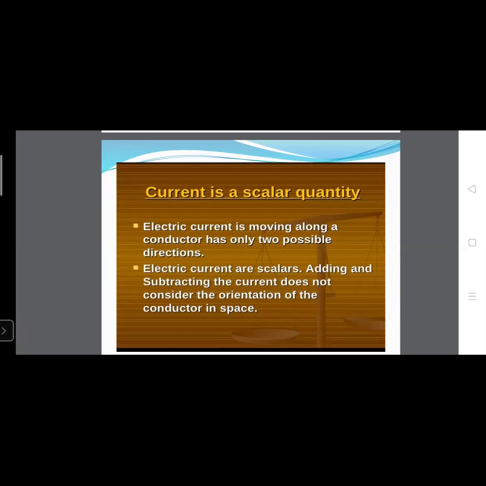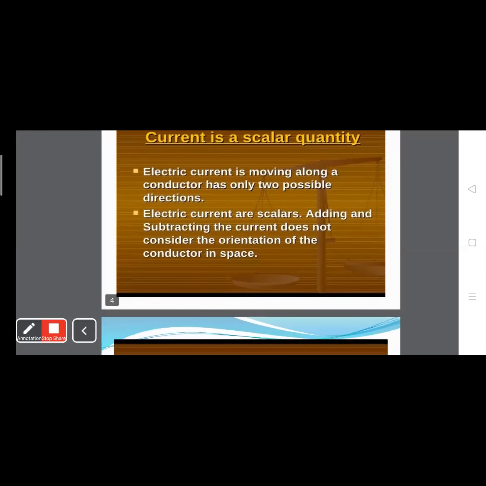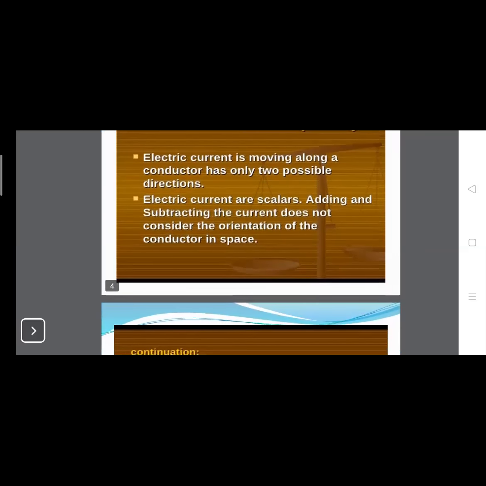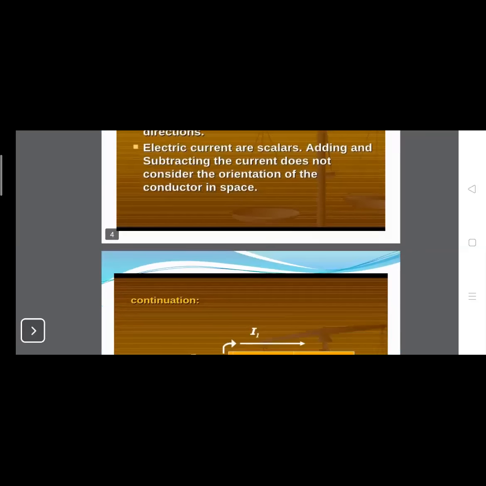Electric current is a scalar quantity because adding and subtracting currents does not consider the orientation of the conductor in space. Right? Addition of current does not follow the law of vector addition. So electric current is a scalar quantity.